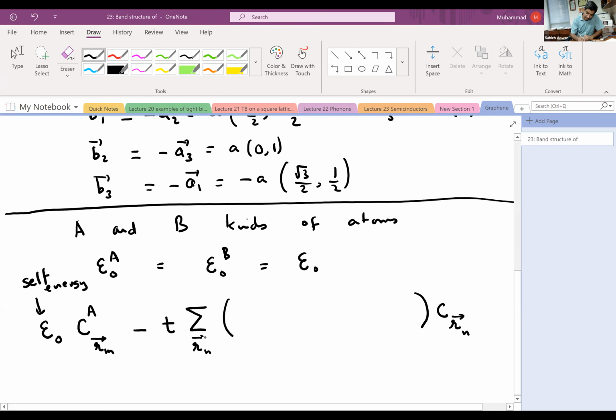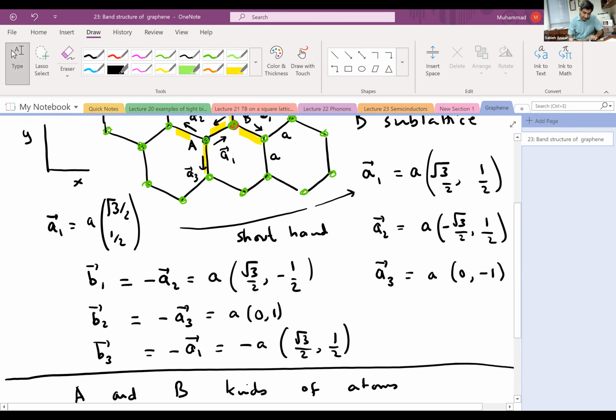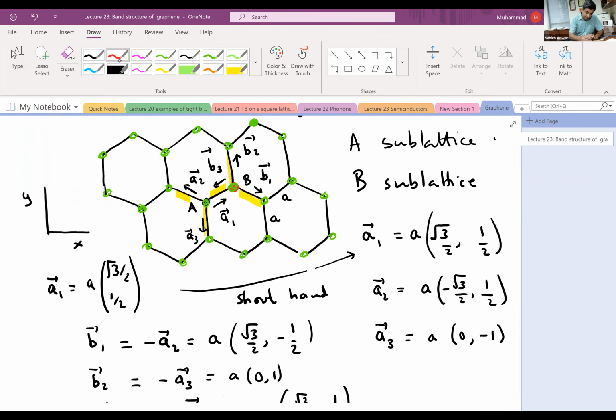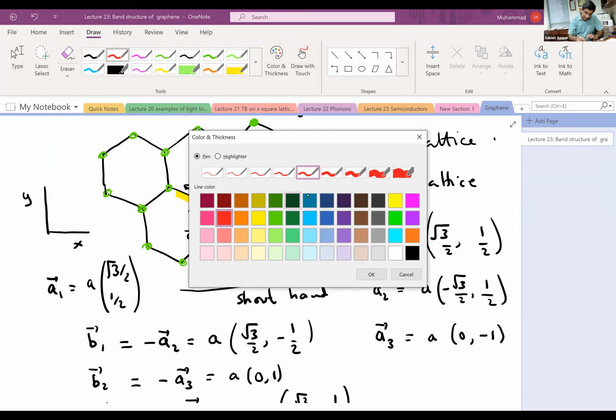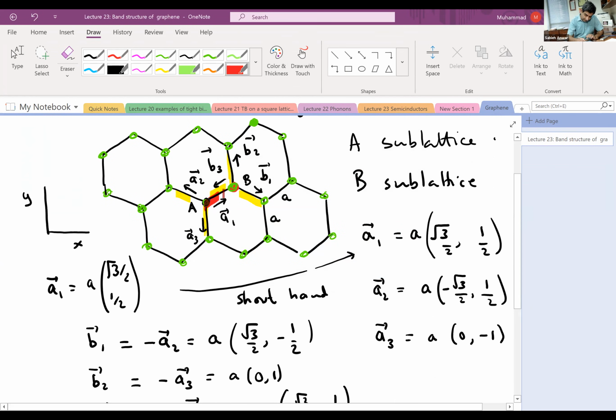over Rn. And if I assume that nearest neighboring interactions are possible, then my Dirac delta functions look like delta Rn is equal to Rm. So if I'm on an A atom, I'm here, I can go to a neighboring B atom by this route or by this route or by this route.